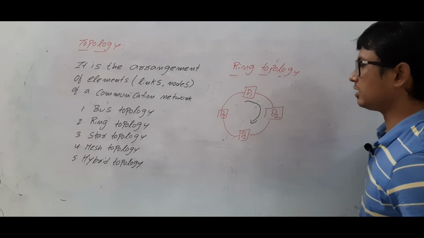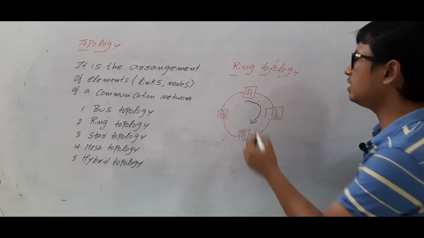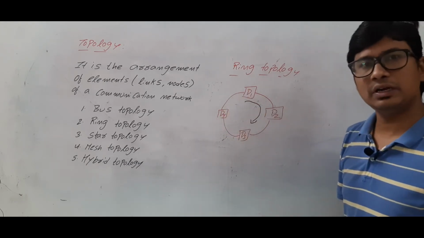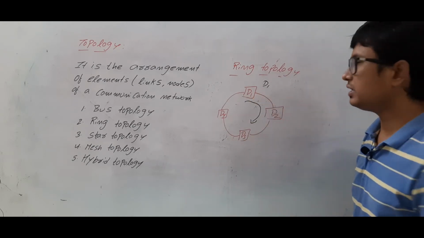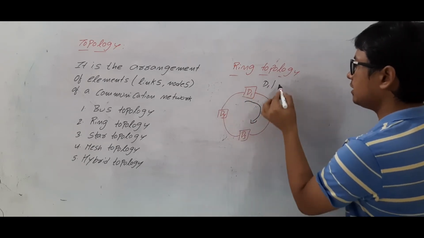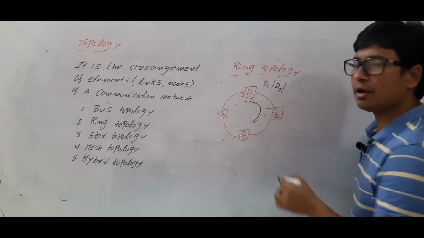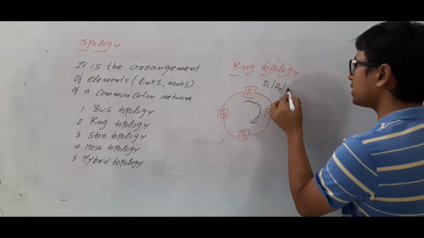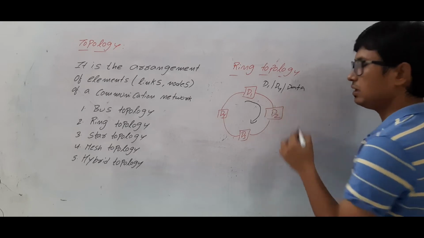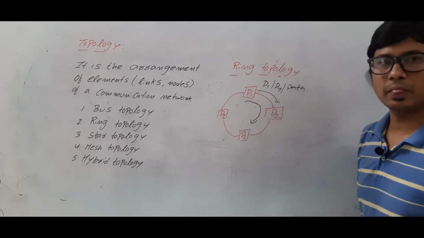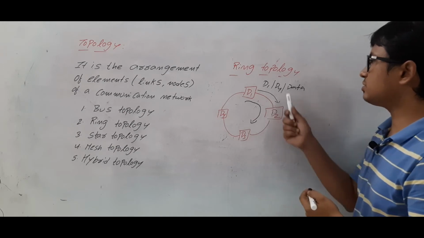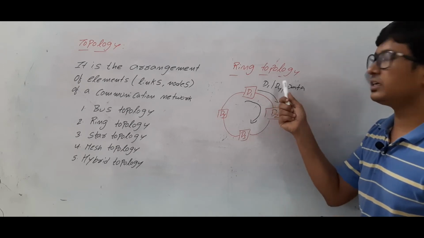Suppose device 1 wants to transfer data to device 4. So I have the device 1 address as the source address, the device 4 address as the destination address, and whatever data I want to send. Now the data will first go to D2. Once D2 receives this packet, it will check the destination address.